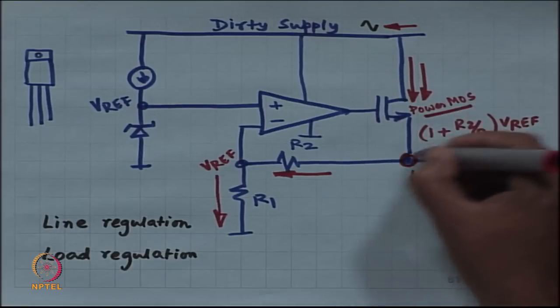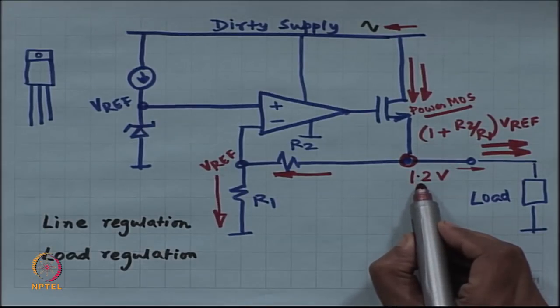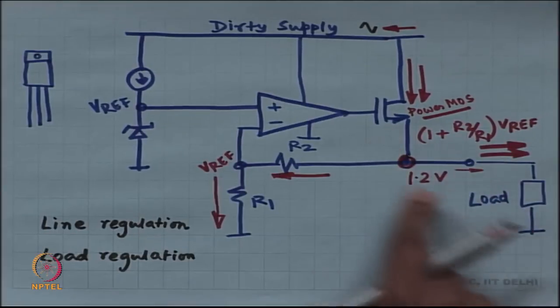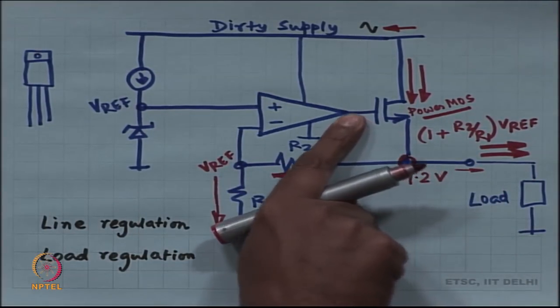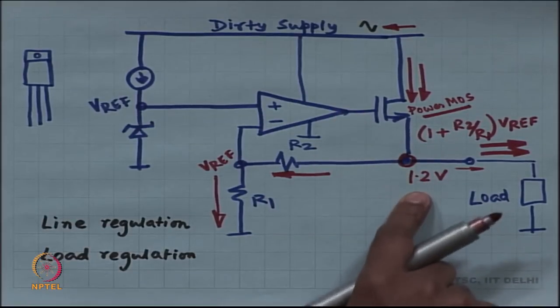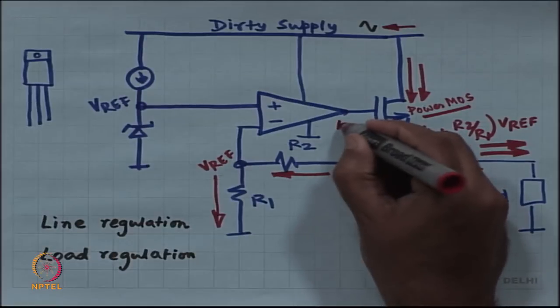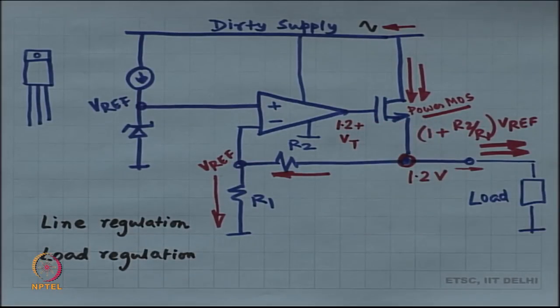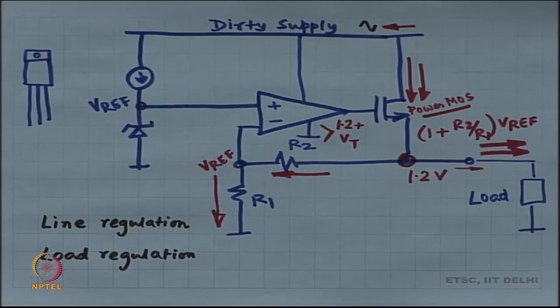There is the Vt of this MOSFET. If this is 1.2 volt, however large this power MOSFET is, however small this drawn current is, the voltage at the gate is at least a Vt above 1.2 volt. At the very least.